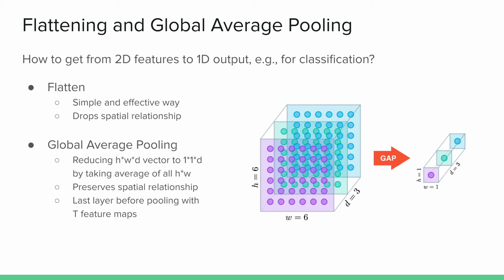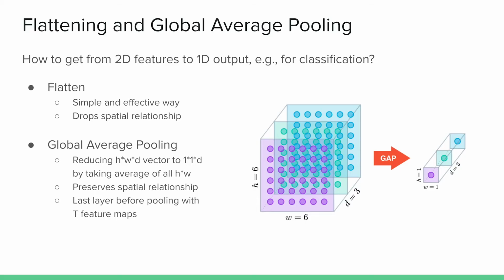We can just take one after the other in a row, but that might not be ideal because we can drop some spatial relationships. But it's a pretty standard way of doing it, and it works fine in most cases, because those features that are extracted are spatially independent most of the time anyway. Because they extract the same feature anywhere in the input. So it's reasonable to say flatten and then do a fully connected layer.